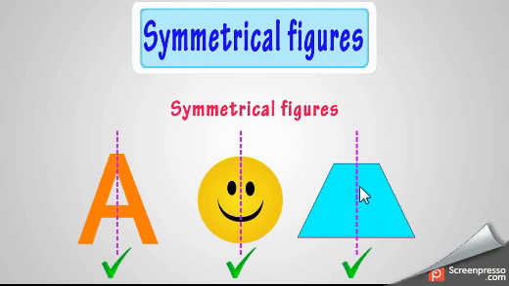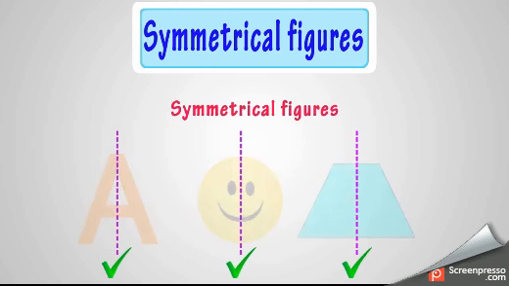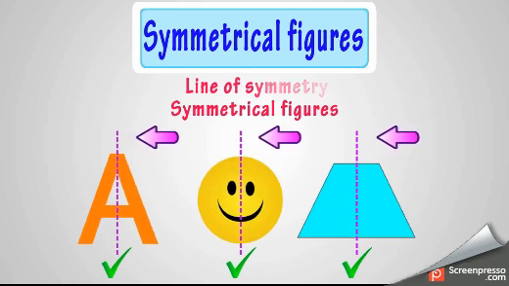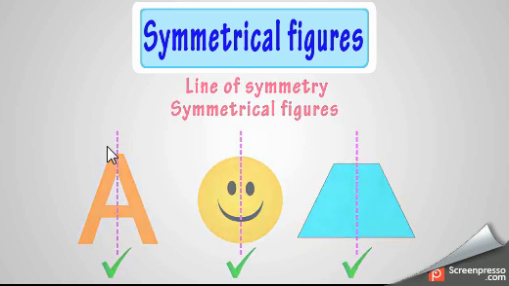But when I have any trapezium with these two sides not equal, I can't say this is a symmetrical figure, and we will see now. This is the line of symmetry.